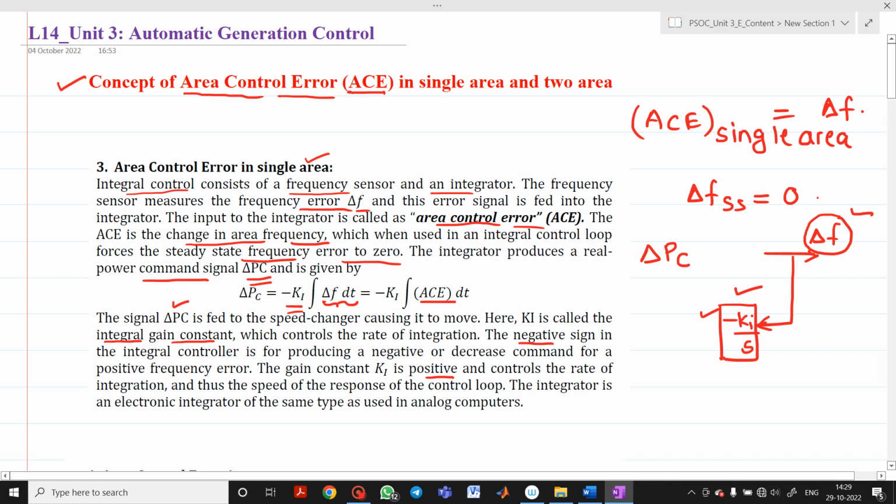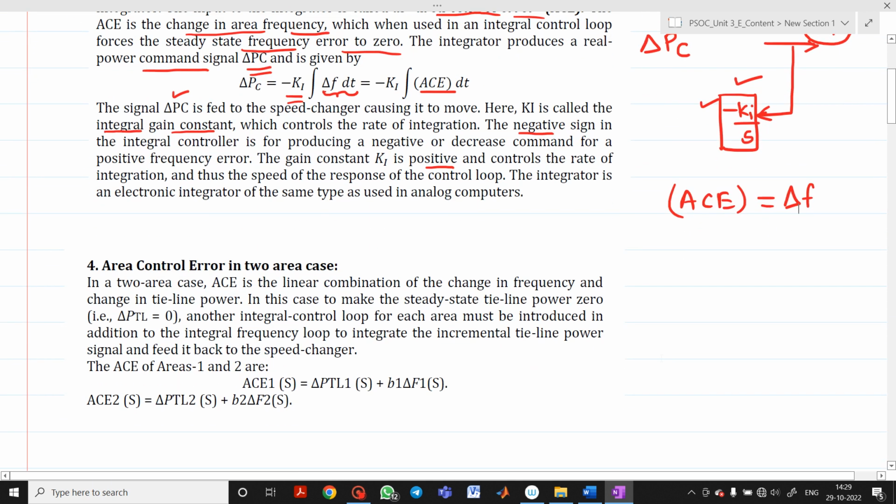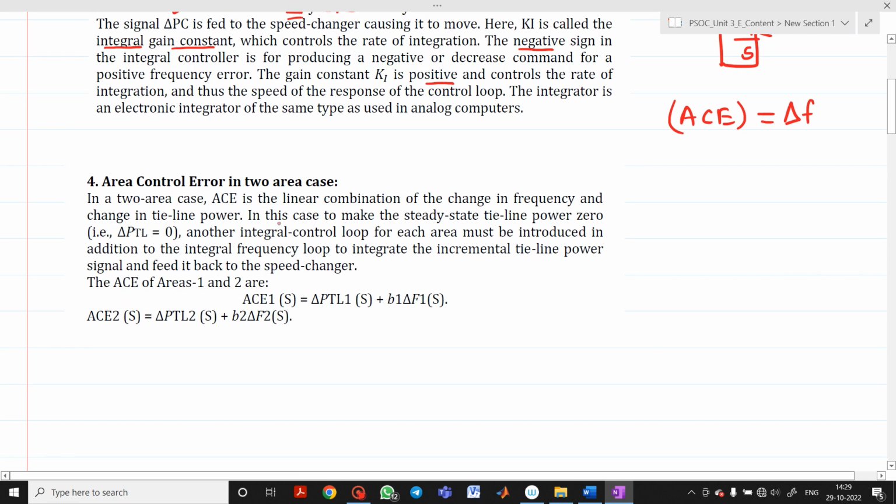So if the question is asked, area control error in the single area, then basically it is nothing but the change in the frequency, which is denoted by delta F. Now what is to be there in the case of two area? As I told you earlier, ACE is the linear combination of change in the frequency and change in the tie line power when we talk about two area load frequency control.